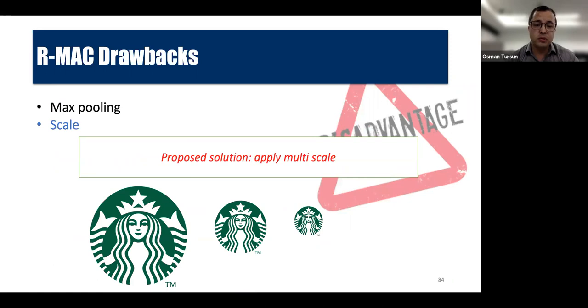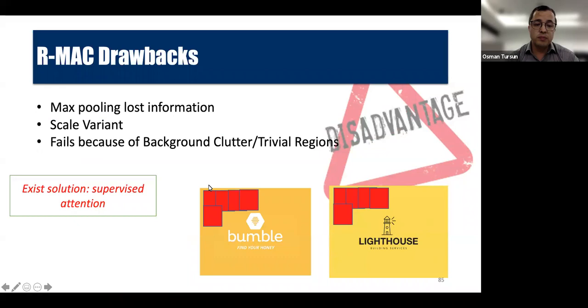The second problem of RMAC is it's not so robust to multi-scale. So we use multi-scale inputs. And the third problem is RMAC also fails when background clutter or trivial regions exist, as there are many small scale windows.